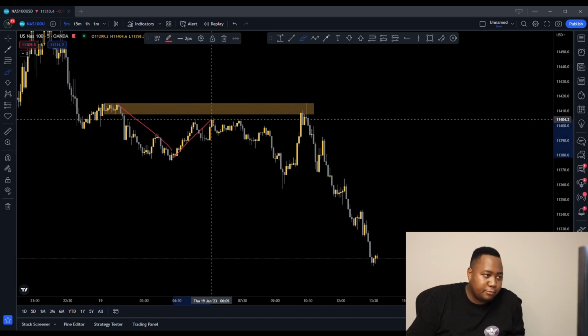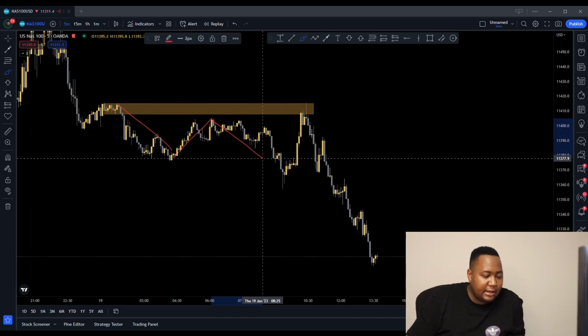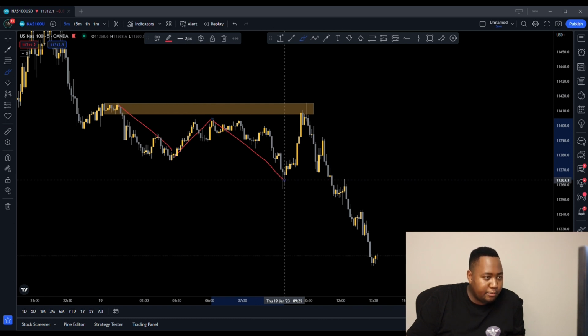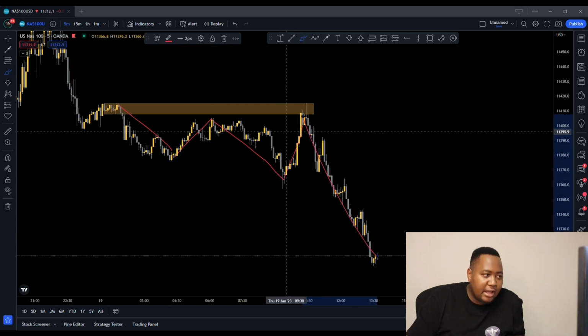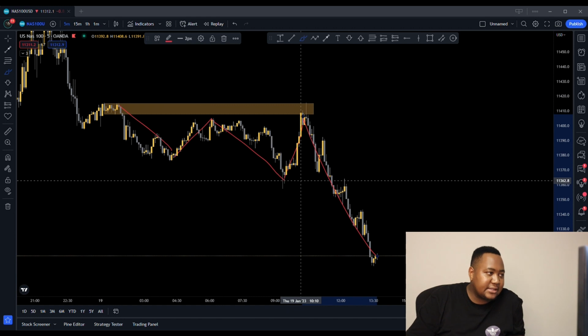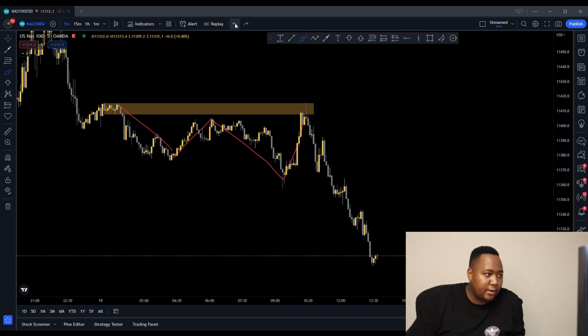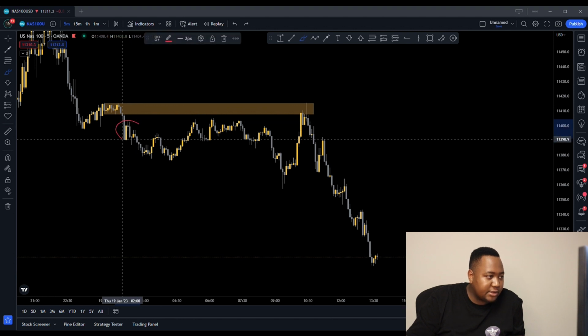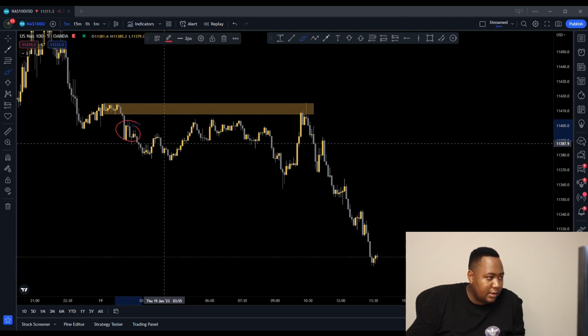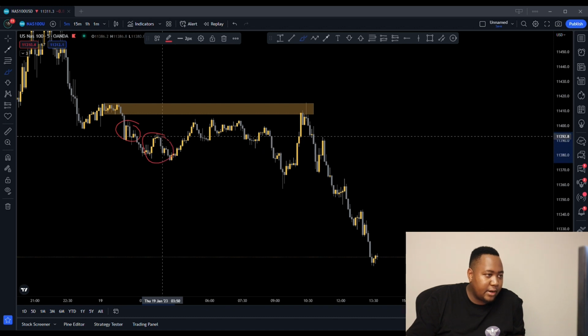Now as you can see, we did have areas where the market was going down. We had a medium pullback, we had that impulse, we had a pullback, we had an impulse. Now in every impulse you can see exactly what I'm talking about. Let's pull back right here. We can see we have medium pullbacks right here, and this medium pullback right here.